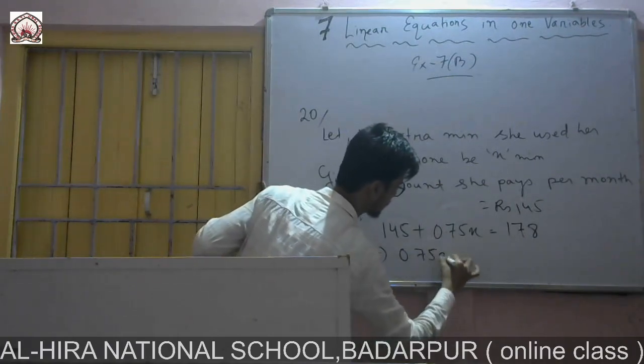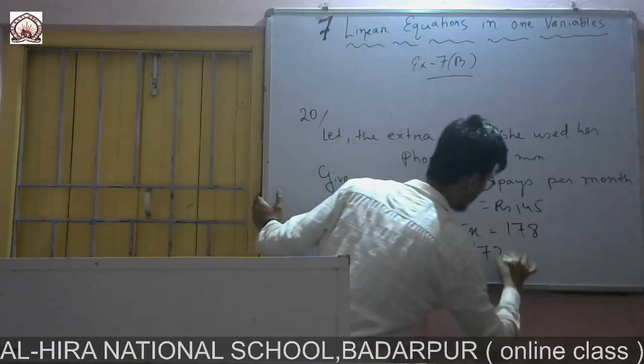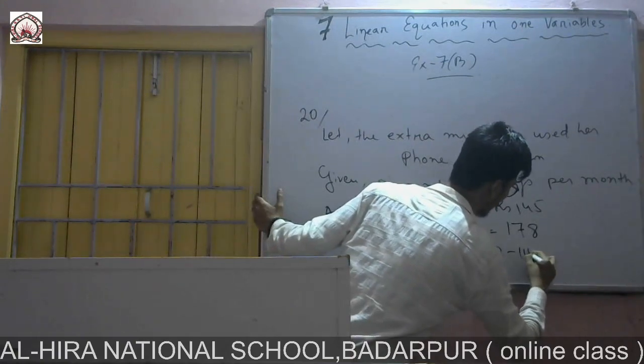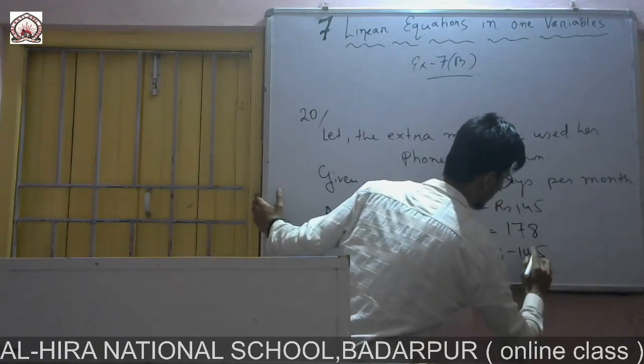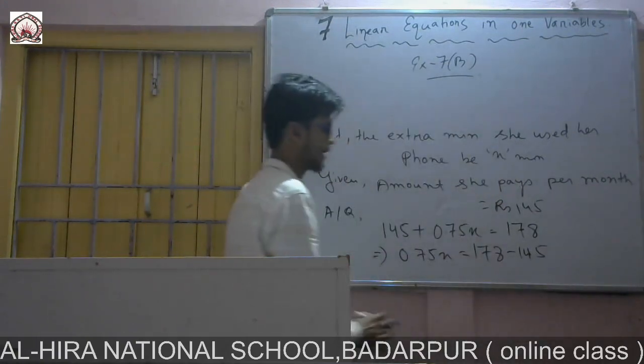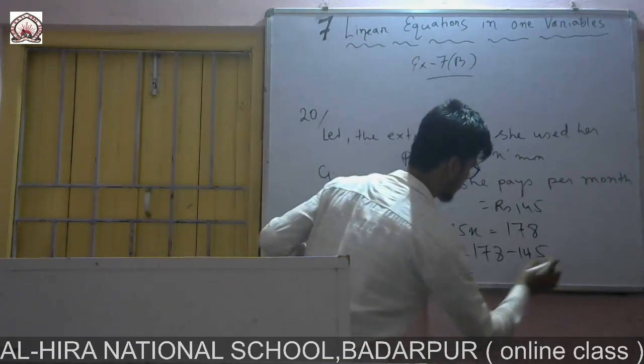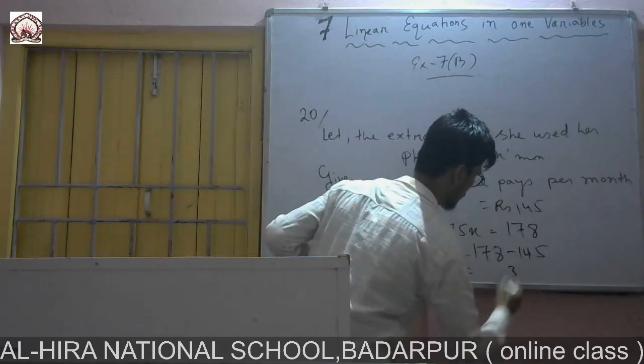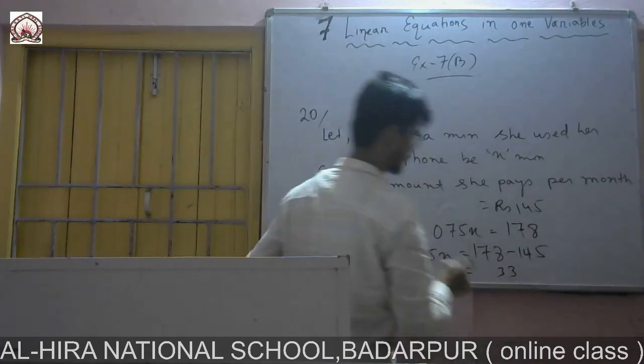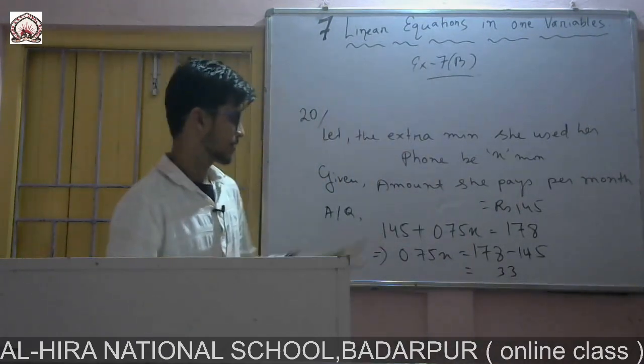So you solve this one. 0.75x, and 178 minus 145. If I subtract, I will get 33.